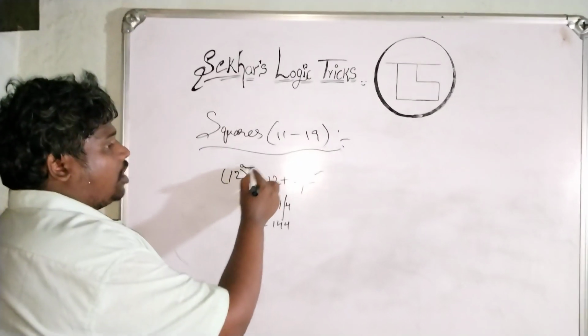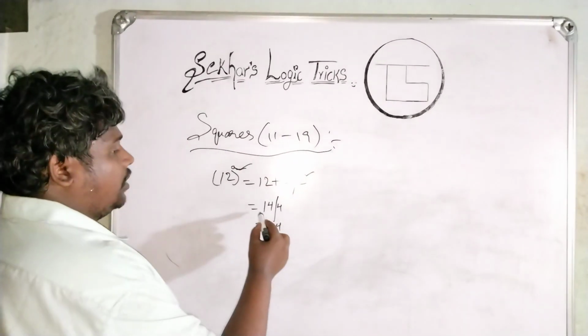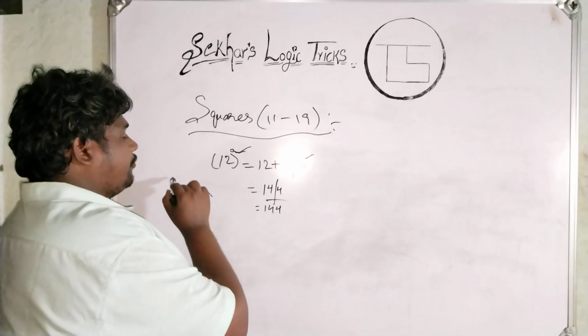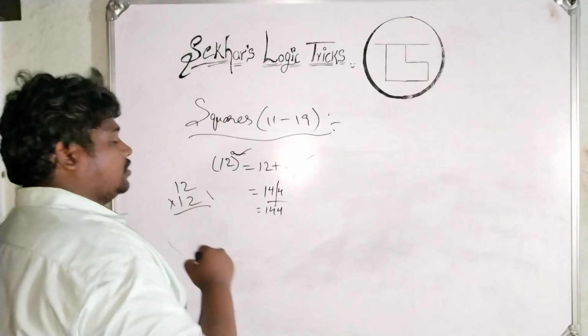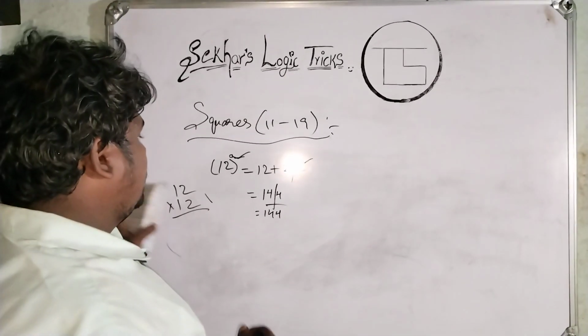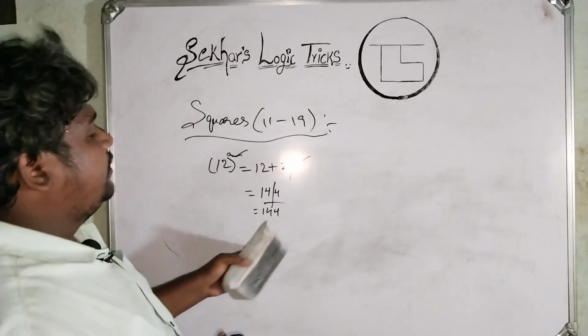If you do not like this, you can find it by regular multiplication, but it is tricky.